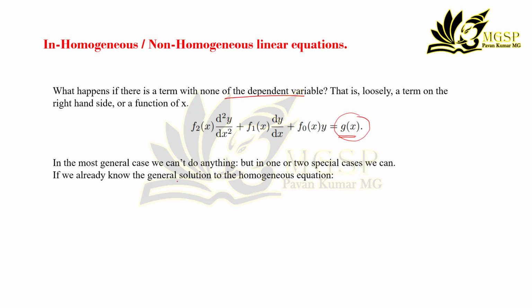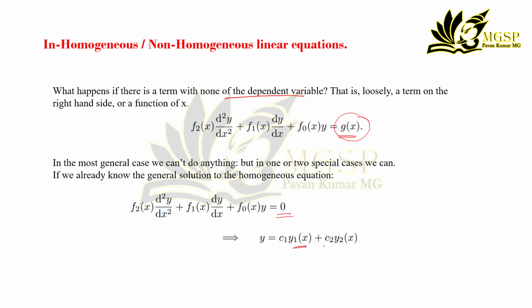Suppose you already know the general solution of the homogeneous equation, f2 of x d square y by dx square plus f1 of x dy by dx plus f0 of x y is equal to 0. In the previous video, we solved this when the RHS was 0, and got the general solution of the form y is equal to c1 y1 of x plus c2 y2 of x.